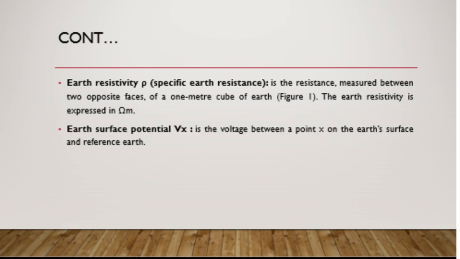So the potential available at point P will be nothing but the earthing surface potential Vx. That is also very important when we discuss the step potential and touch potential.